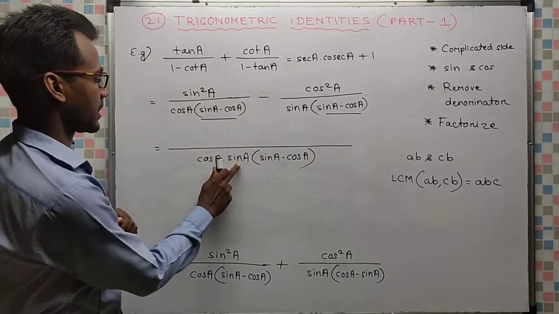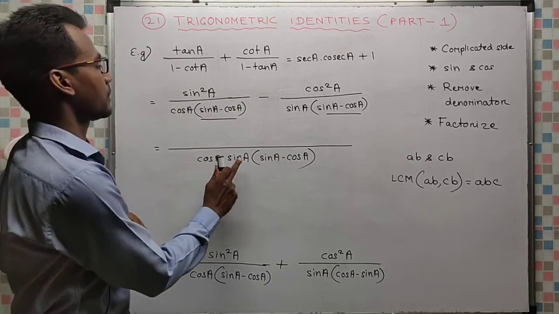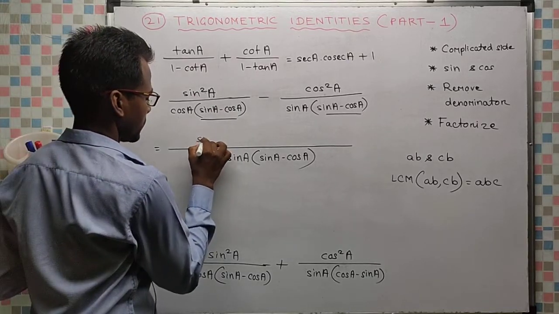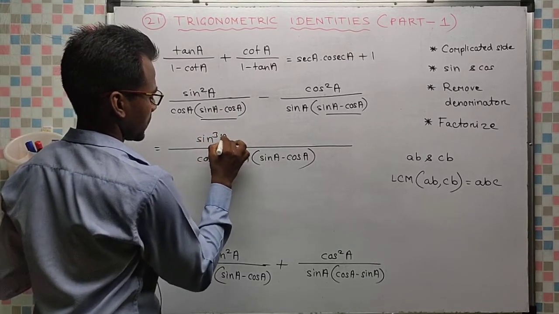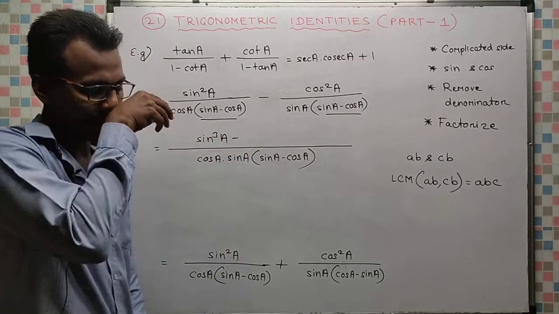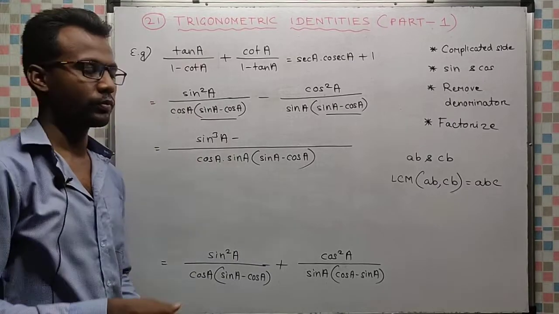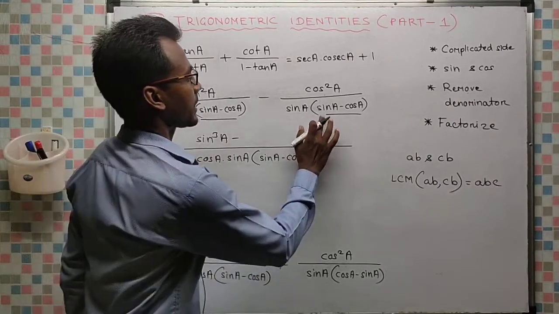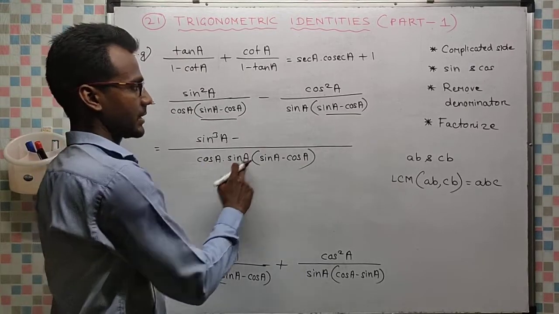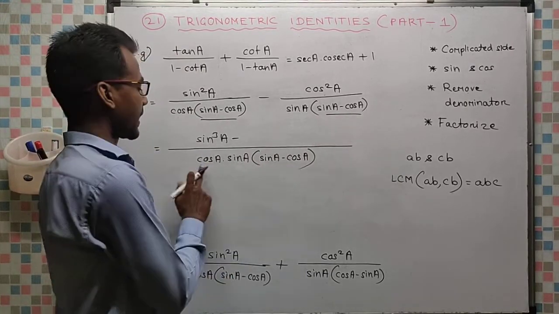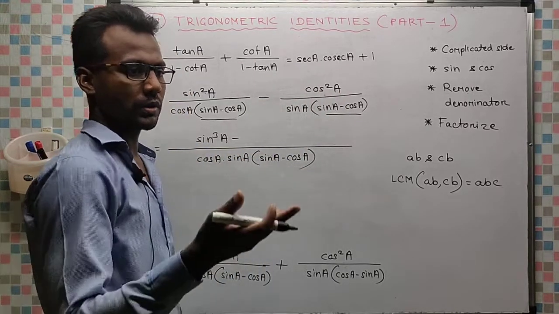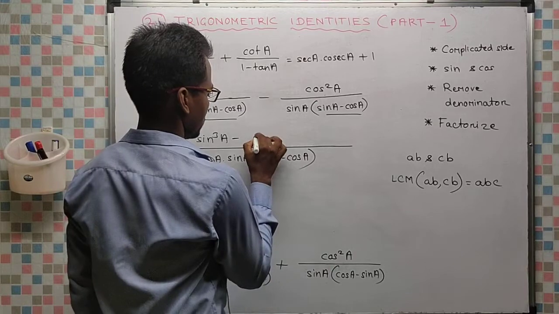So extra we have sin A. So this sin A we have to multiply with sin square A. So this will become sin cube A. Sin square into sin A becomes sin cube A, as A square into A becomes A cube. Similarly, here what we need? Cos A. Sin A, sin A. Sin A minus cos A, sin A minus cos A. What extra is there? Cos A. So this cos A we have to multiply with cos square A, which will change to cos cube A.